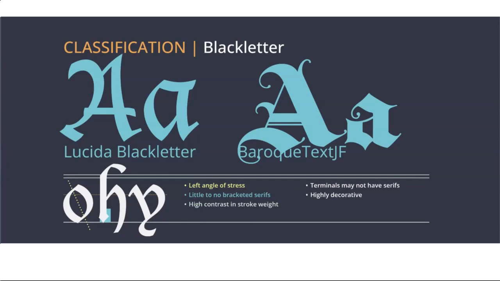It has a very heavy stroke weight, and the black letter classification has a very high angle of stress. So left angle of stress here, very high, it tilts. Little to no bracketed serif, high contrast in stroke weight. You can see by that here, this part of the letter form is very heavy, and then this is very light, a very thin stroke. Terminals may not have serifs.